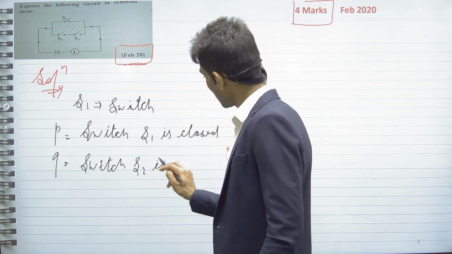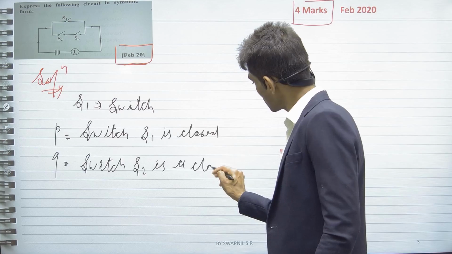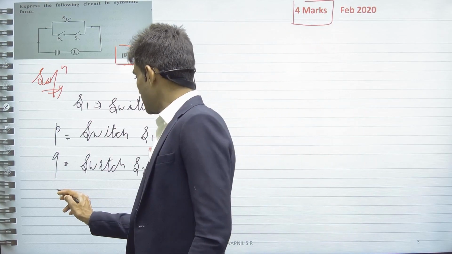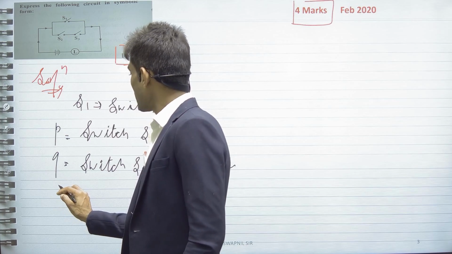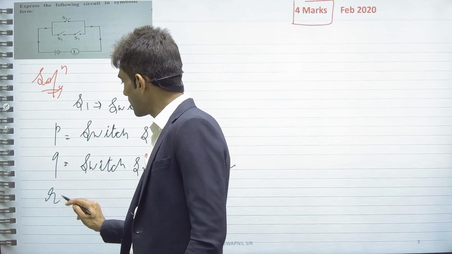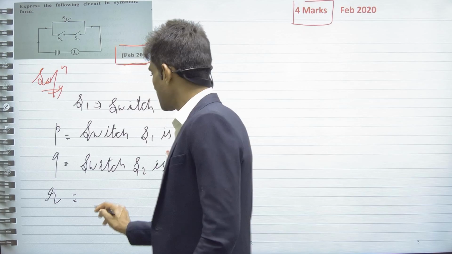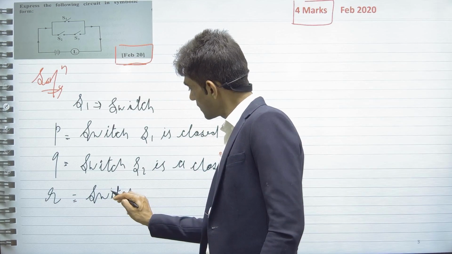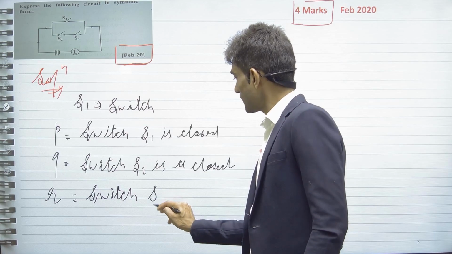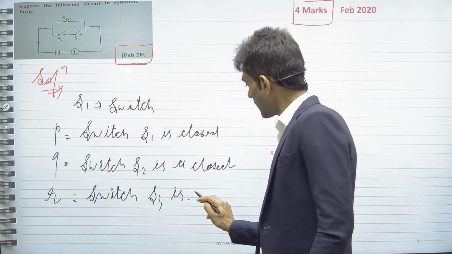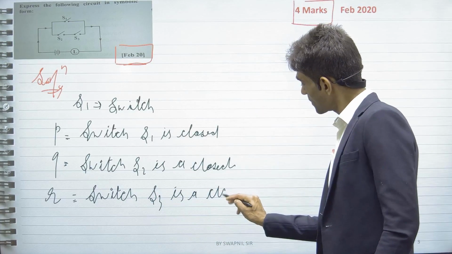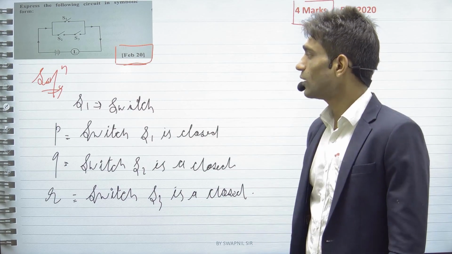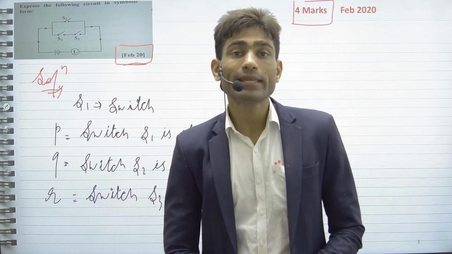Q: switch S2 is closed. After that we have S3, consider it is R: switch S3 is closed. So we have three different statements P, Q, R.